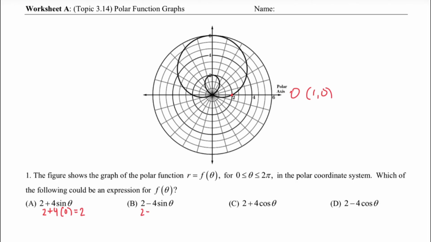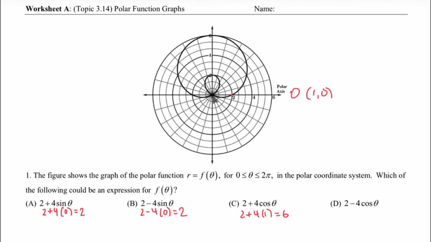Let's move on to B. Sine of 0 is 0. That also gives me 2, so I'm not going to cross that out. For C, this gives me 6, and if we look at 6, there's nothing touching 6 except at pi over 2, but we did not plug in pi over 2, so no. We only plugged in 0 here, which is 2 only.